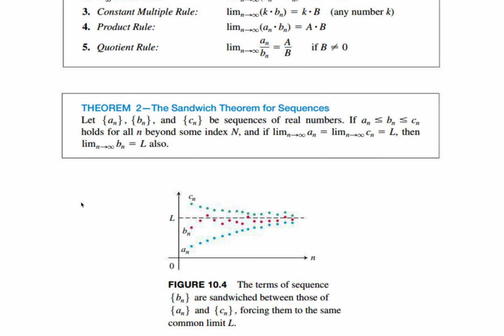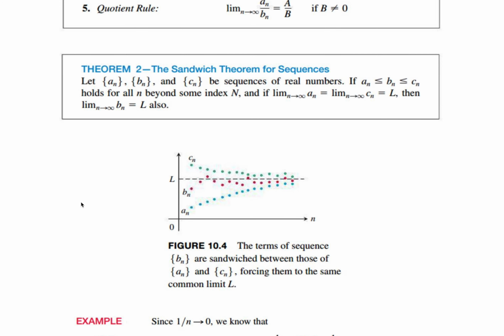The second theorem is called the sandwich theorem, and this one we'll make use of in an example later. It says if you have a sequence b sub n, and it is sandwiched between two other sequences, here we call them a sub n and c sub n, so that for all values of n beyond some given number, those b sub n terms are going to be sandwiched between the other two.